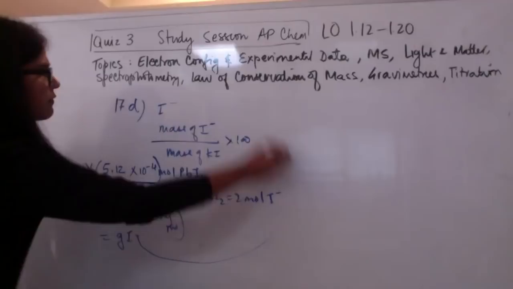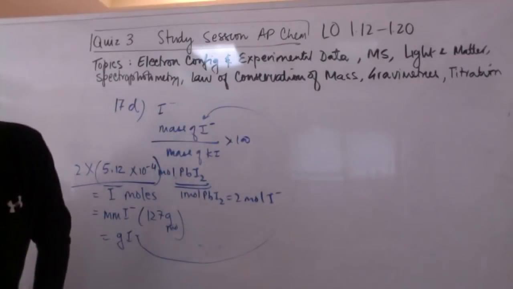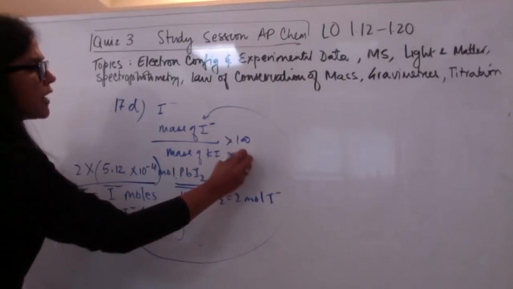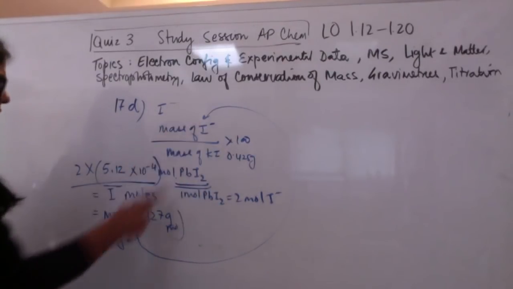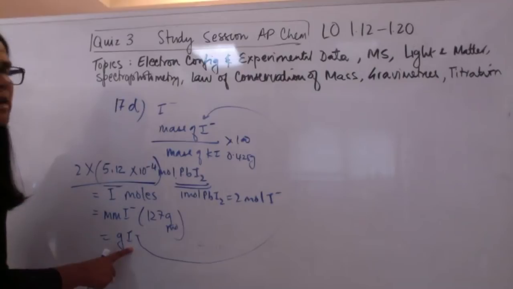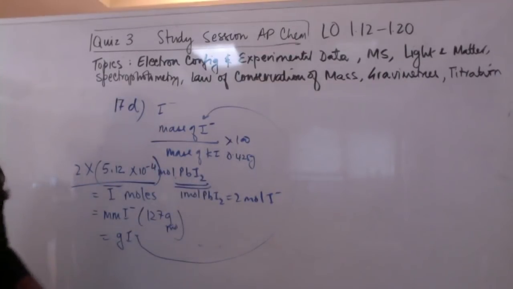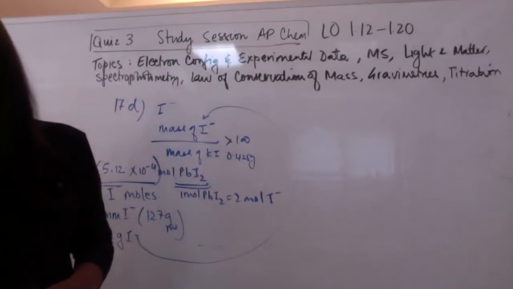And then you put that value over here, and the KI tablet mass they have given to you as 0.425 grams. So you divide this mass of I minus by 0.425 times 100, and you get the mass percent of I minus in the tablet.